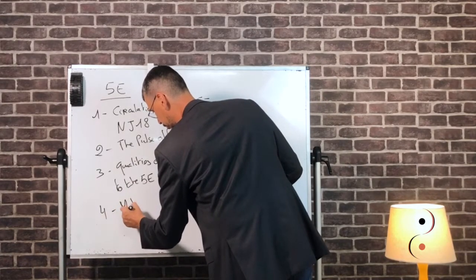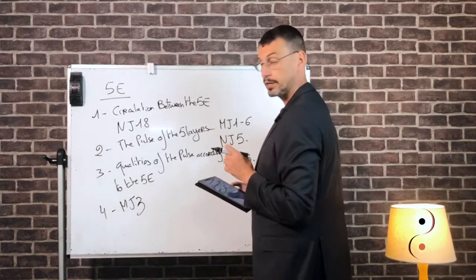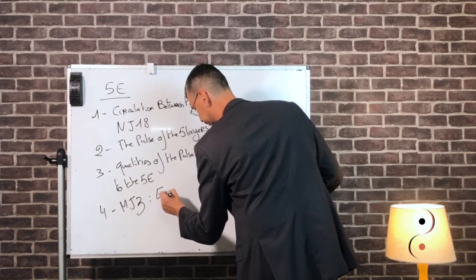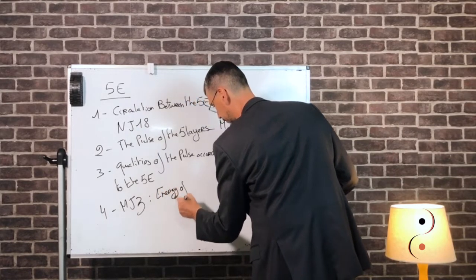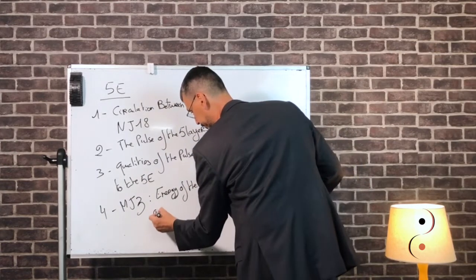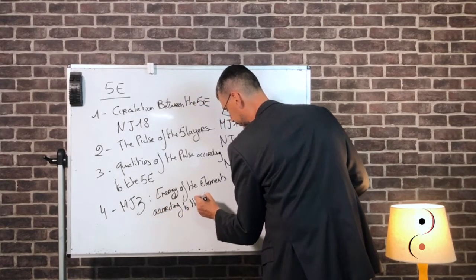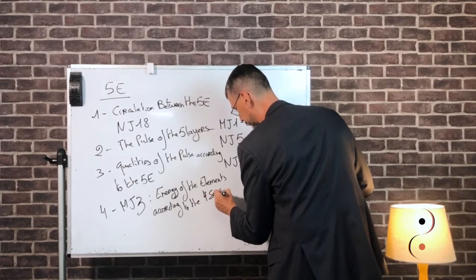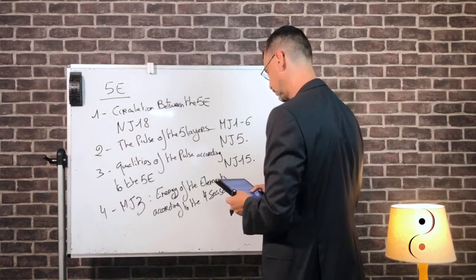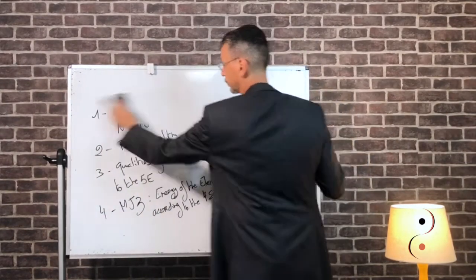So in Maijing 3, Maijing 3 describes the energy of the elements according to the 4 seasons. So this is it for the 5 elements.